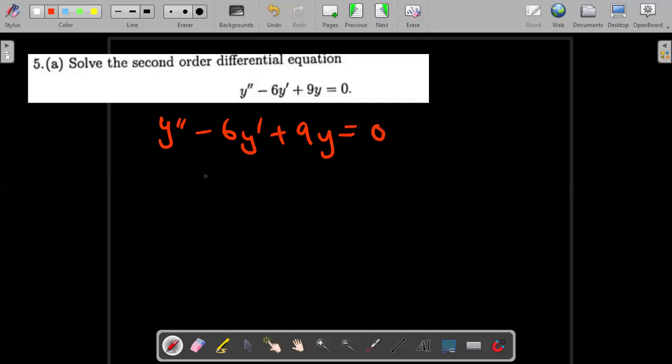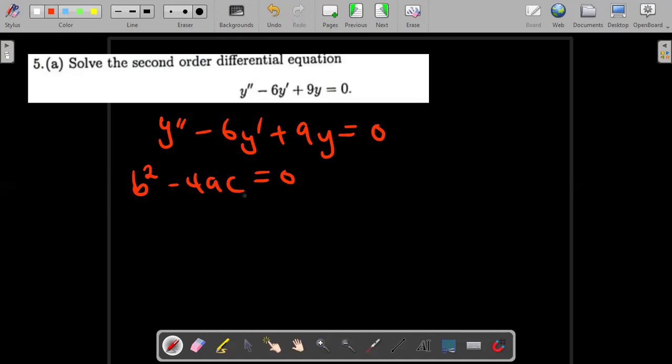So now you must check the characteristic equation of this second order differential equation. So in order to check that, you check using the discriminant, which is b squared minus 4ac equal to 0.